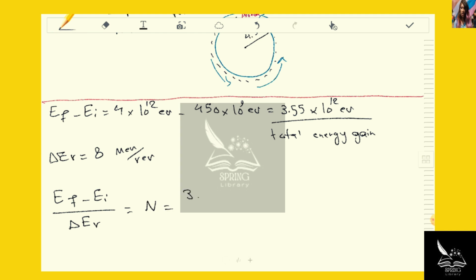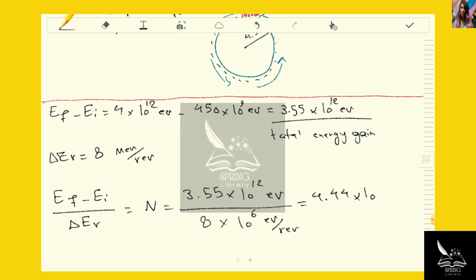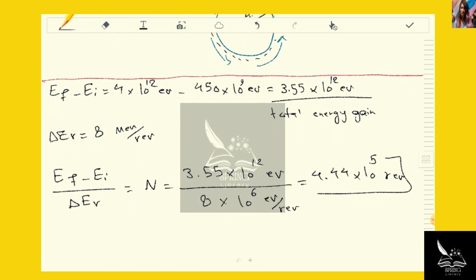So this is equal to 3.55 times 10 to the 12 electron volt divided by 8 times 10 to the 6 electron volt per revolution. And this is equal to 4.44 times 10 to the 5 revolutions.